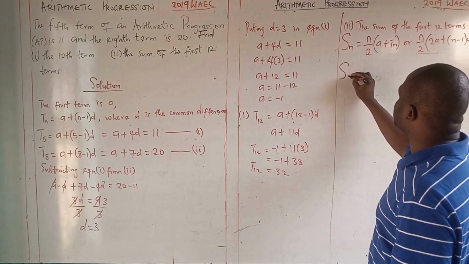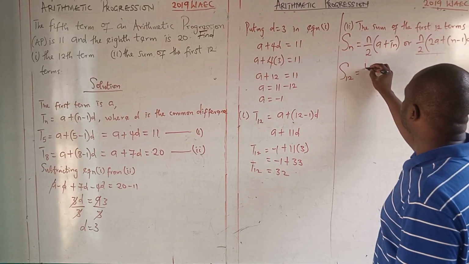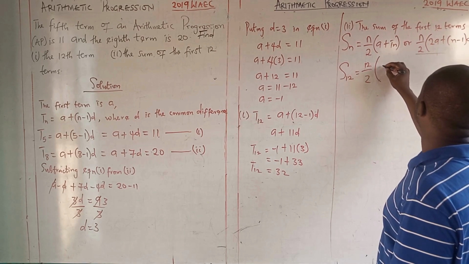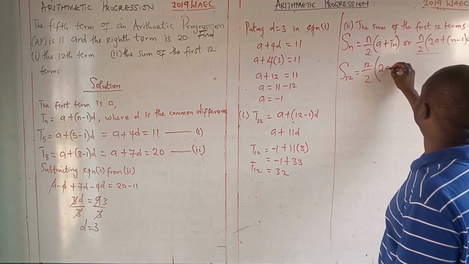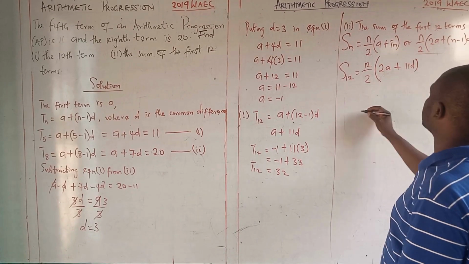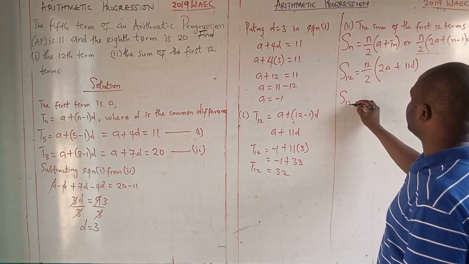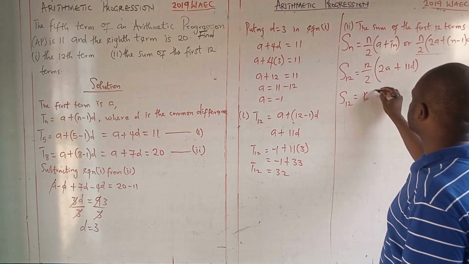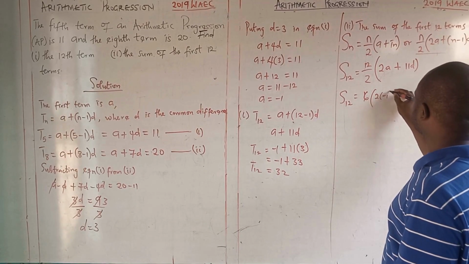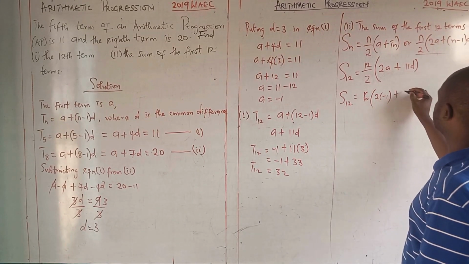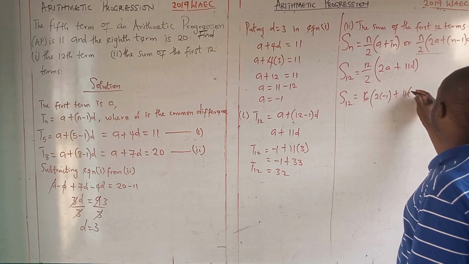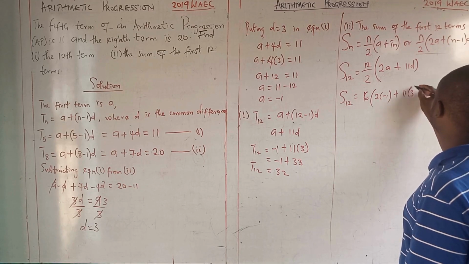Now, that means S12 will be 12 over 2 into (2a plus 11d). That is S12 equals 6 into, what's our A? 2 into minus 1 plus 11d, which is 3.